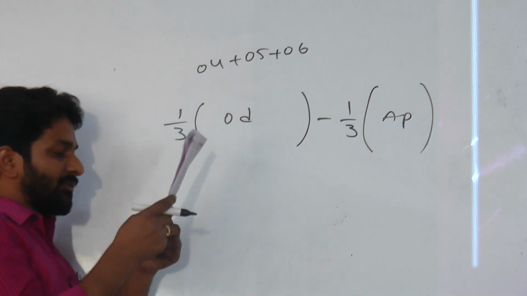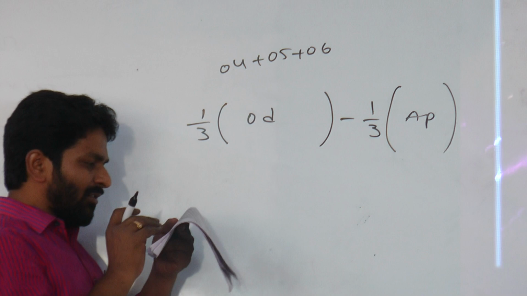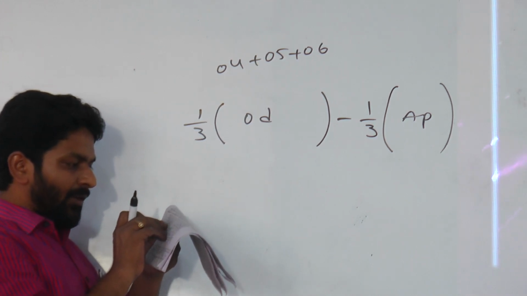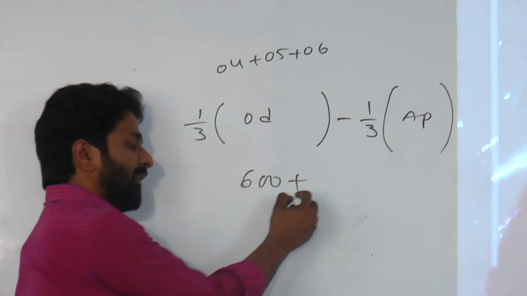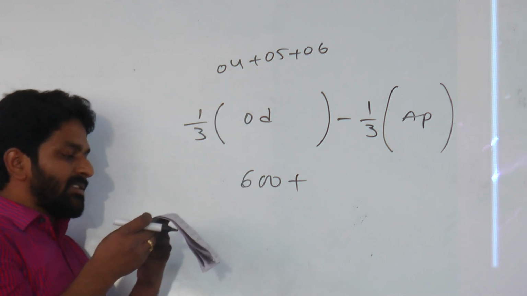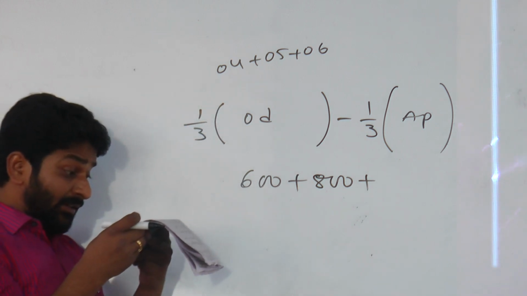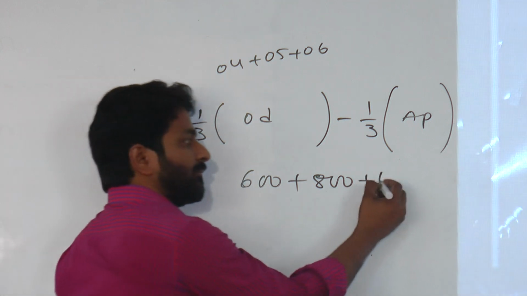For 2004 how many lines we have? 6 lines. Yes or no? So that is 600. And then for next one 5 plus 3, 800. And for third year 1 2 3 4, 400.